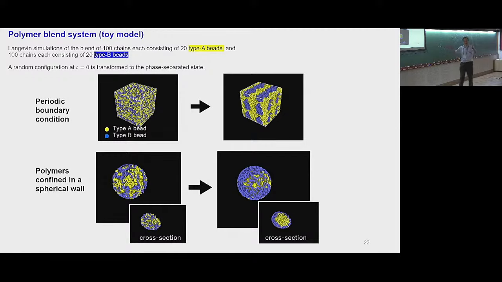I think that we should show the mean field like analysis, but it is still developing. But this simulation clearly shows the robust stable phase separation with this potential.